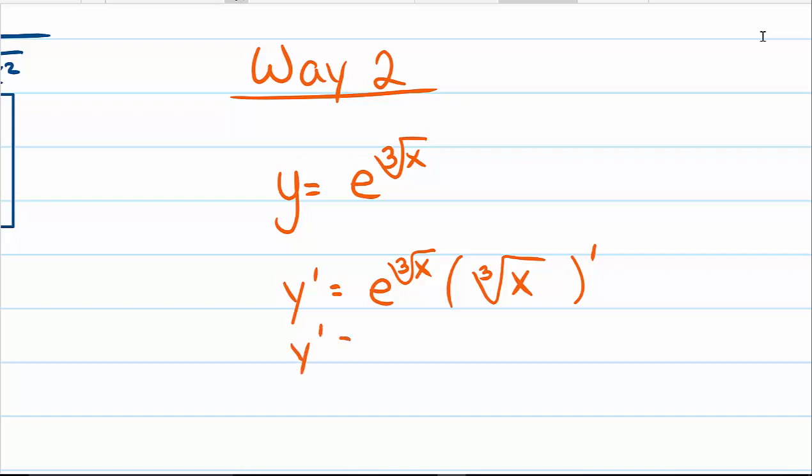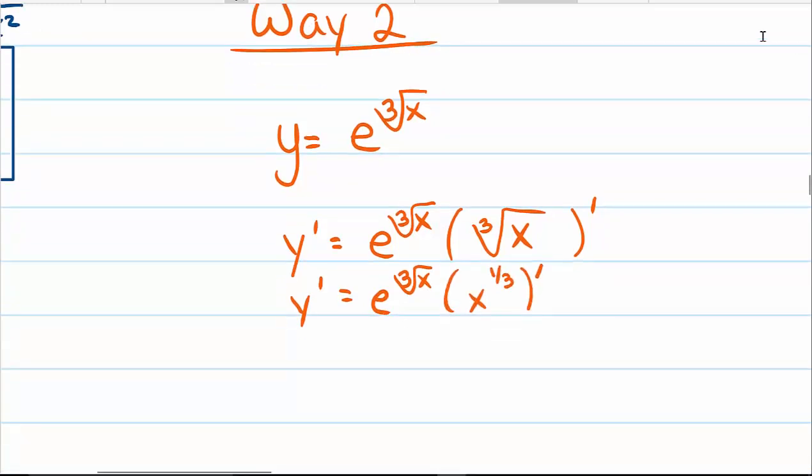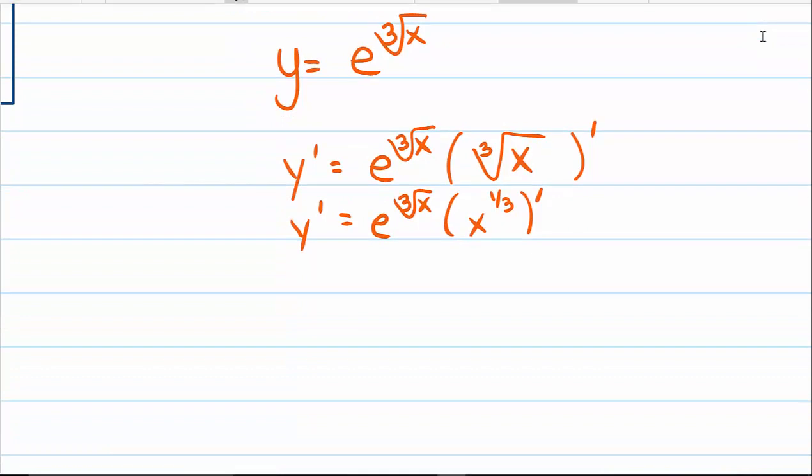So I'm going to take the derivative of that. This becomes y prime is equal to e to the cube root of x times x to the 1/3, and then a power for the derivative. And I know that the derivative of that from the last example we just did is e to the cube root of x times 1/3 x to the negative 2/3.